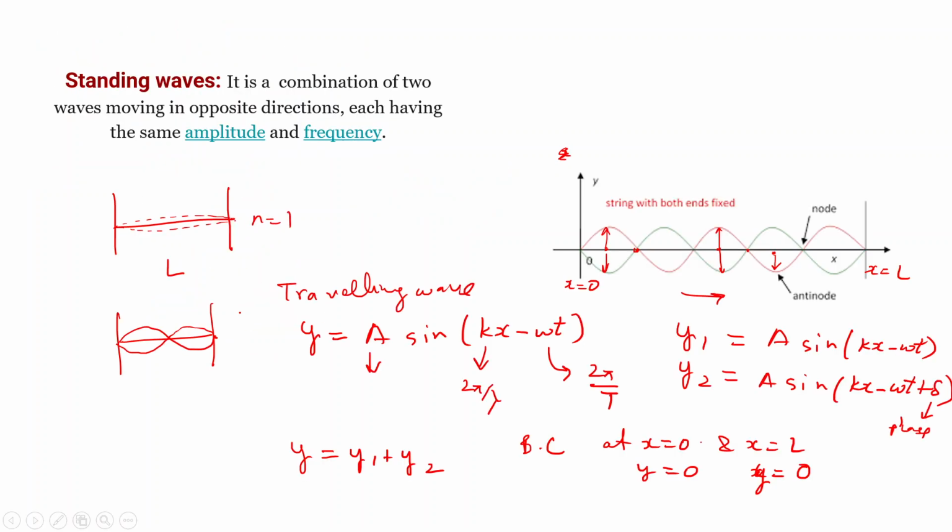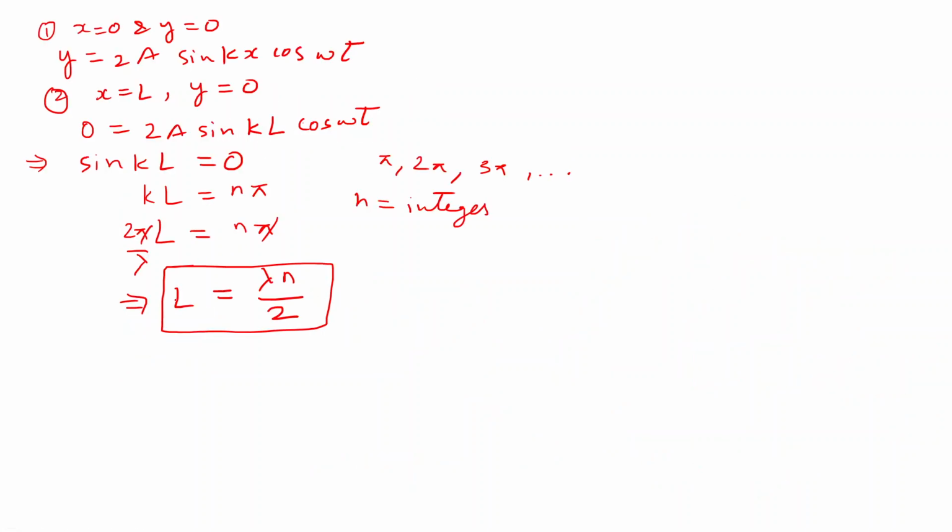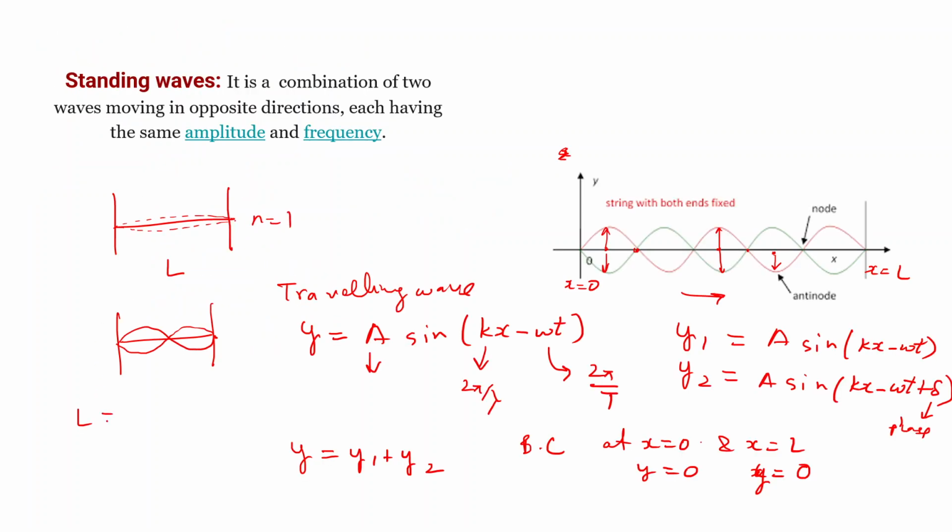As I showed here, if the length of the string is L, the relation between the length of the string and the wavelength is given by this, that is L is equal to n lambda by 2, which means it's an integral multiple of half the wavelength. Then this is what we call nodes.